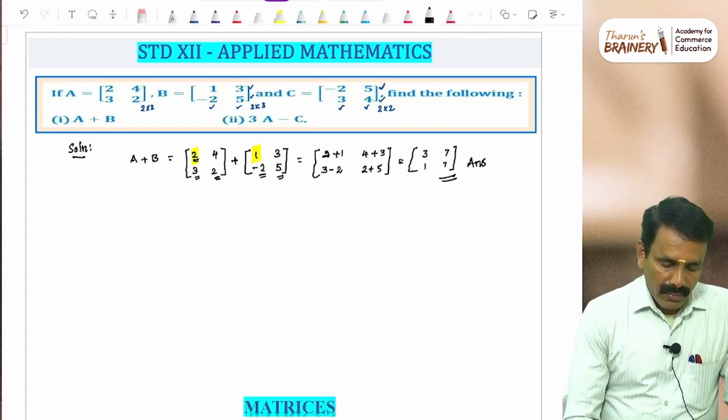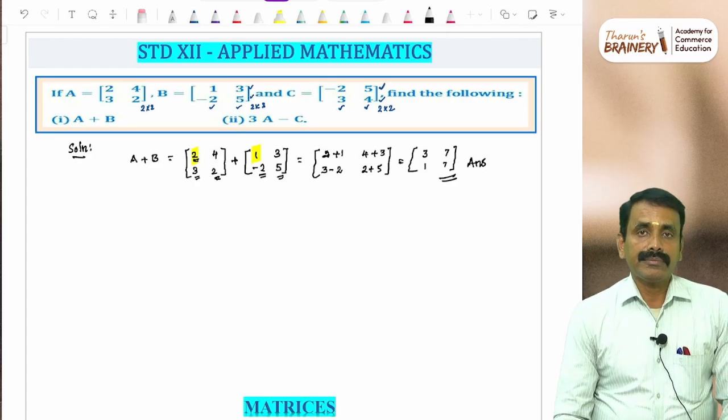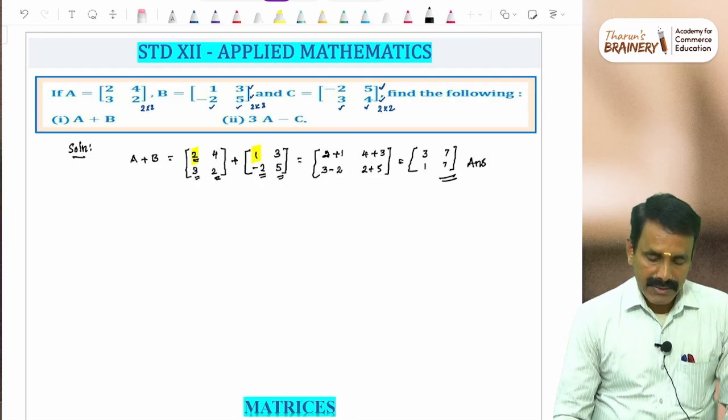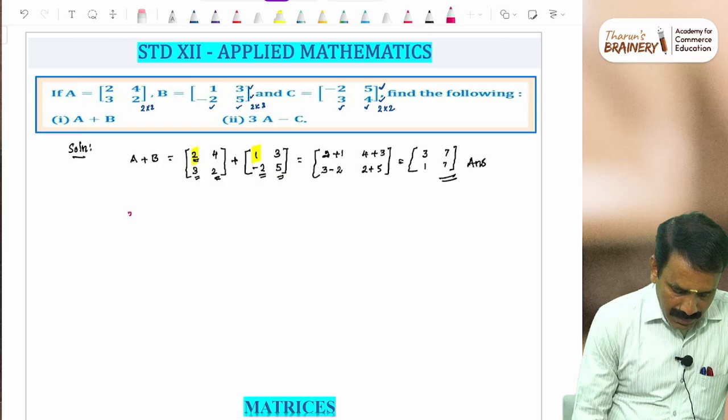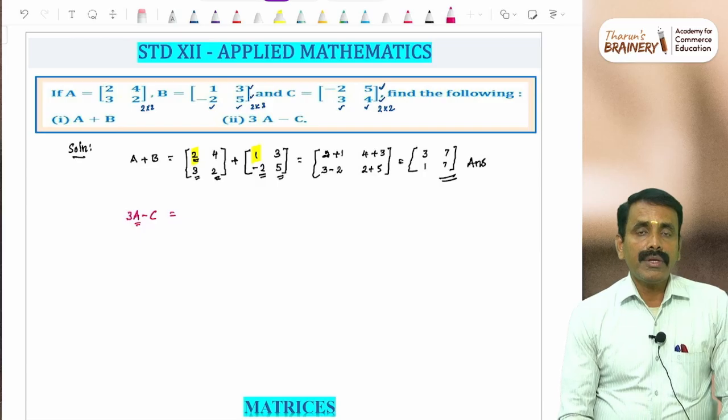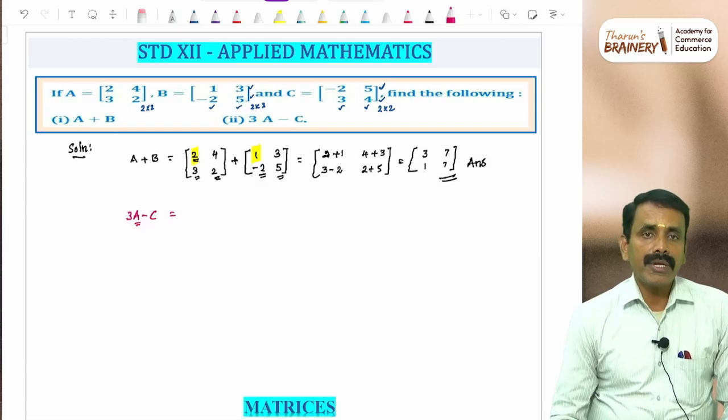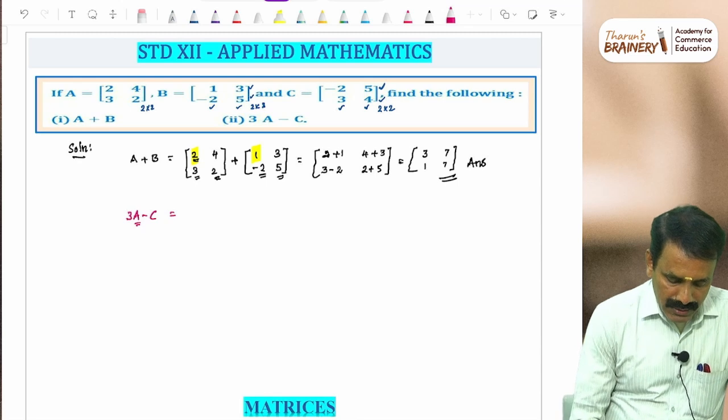Next, we try to find out what is 3A minus C. Okay. So, let me calculate what is 3A minus C. A matrix alone is given to us. 3A we are supposed to find. What is 3A? Multiplying matrix A by this non-zero scalar 3.